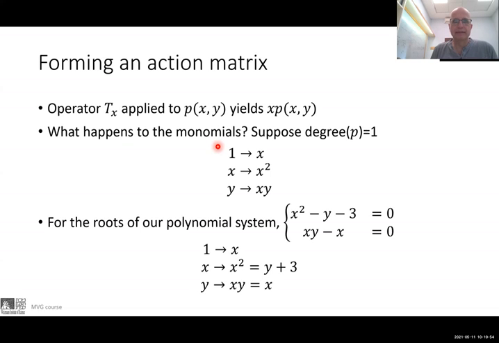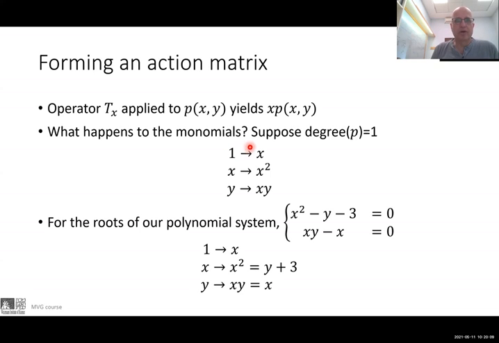So I want to only consider monomials in this polynomial system.